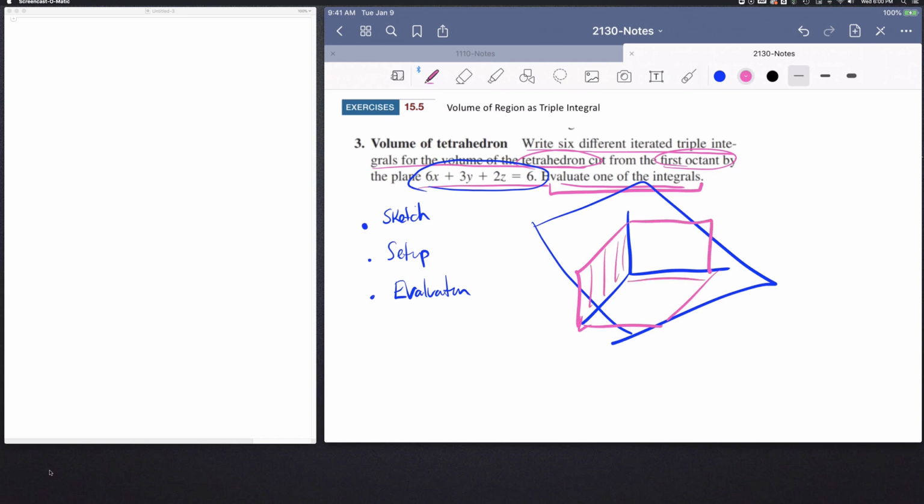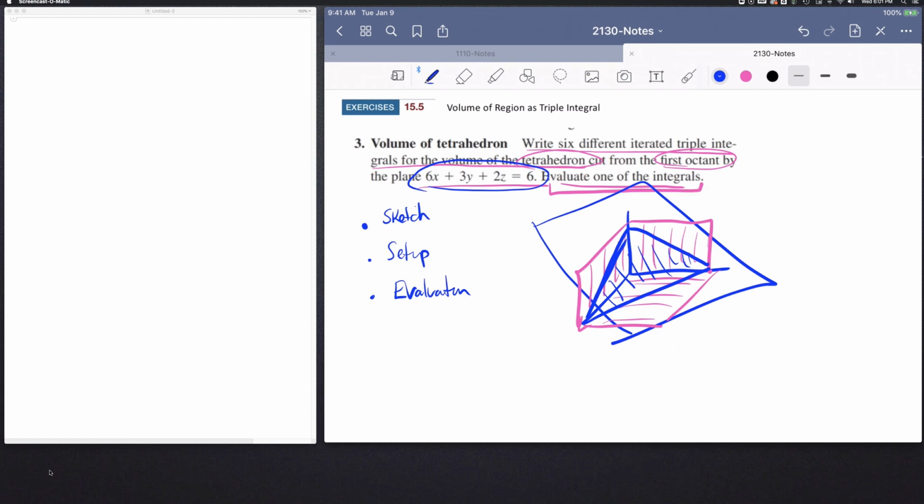The x, the y, and the z equal 0 planes. And then we have the plane given in blue coming in. And that plane is going to intersect each of these other planes and create this triangular region. This takes some practice to see.